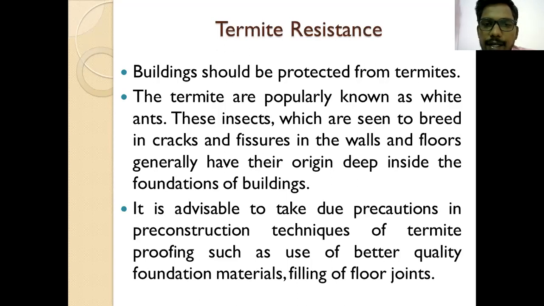Here also we have to focus on what kind of material we are going to use for the construction purpose, because we have to protect the building from termites. Termites, generally called white ants, are insects which breed in cracks and fissures in the walls and floors, and generally have their origin deep inside the foundation of the building, and we have to resist the termites.